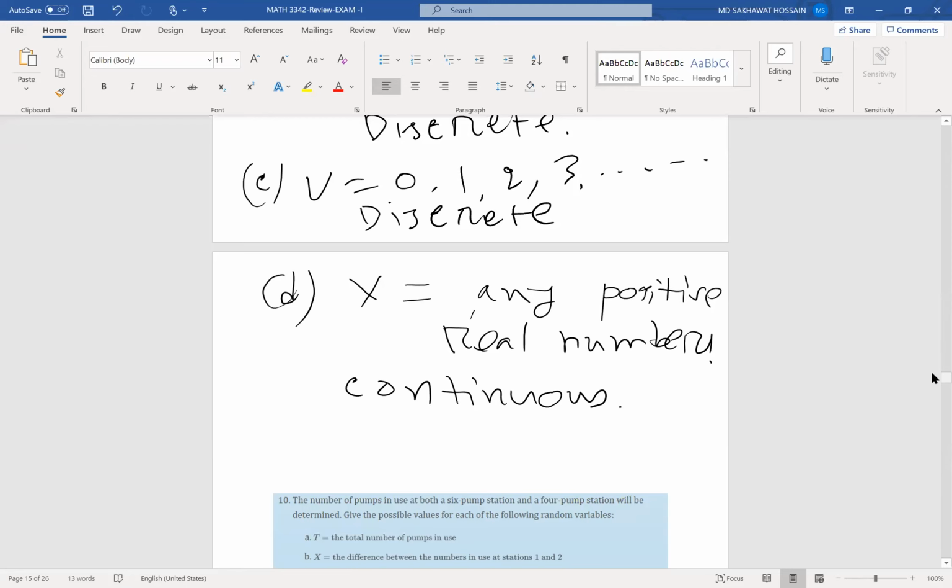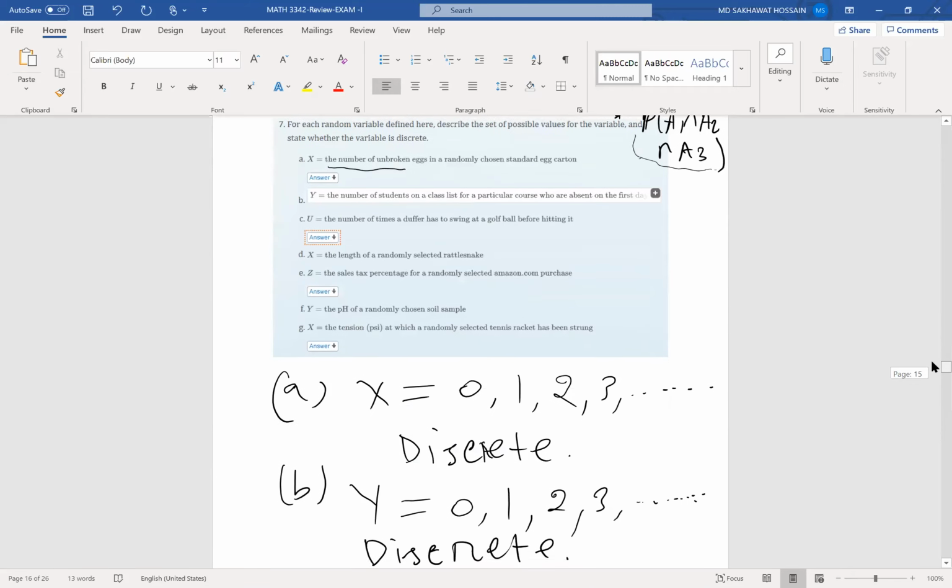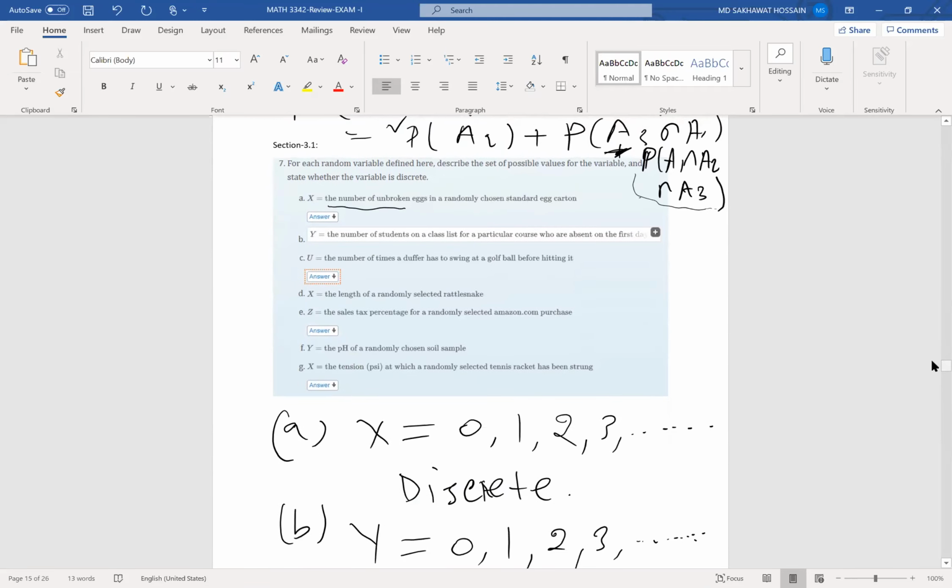And part E is the sales tax percentage for a randomly selected Amazon.com purchase. So tax could be 0, 0.5, 0.2, 0.3, 1.5, 1, 1.3, 10.5.